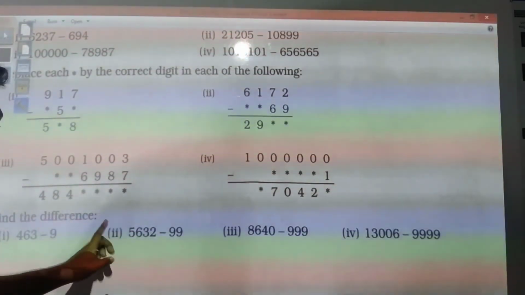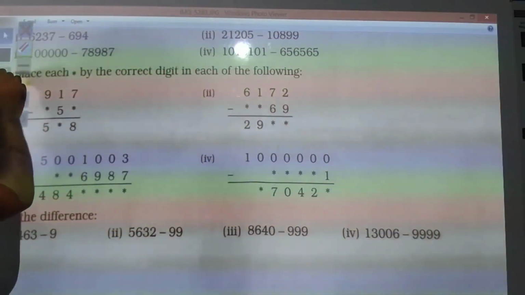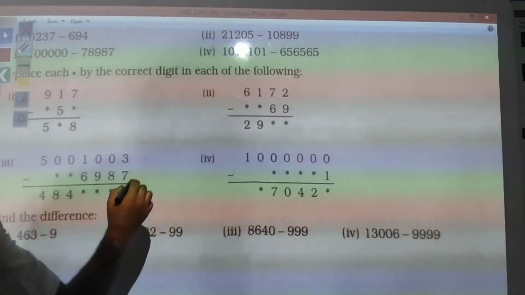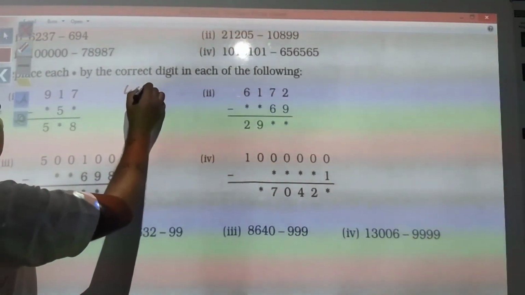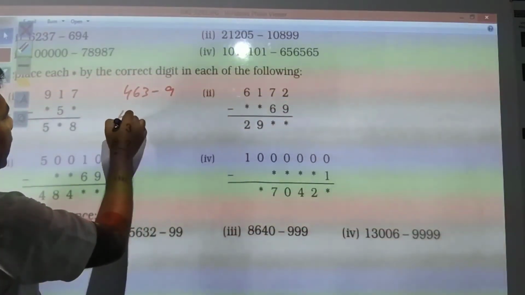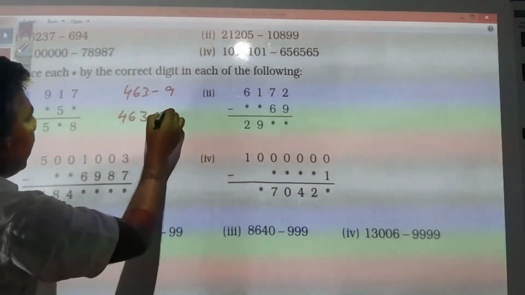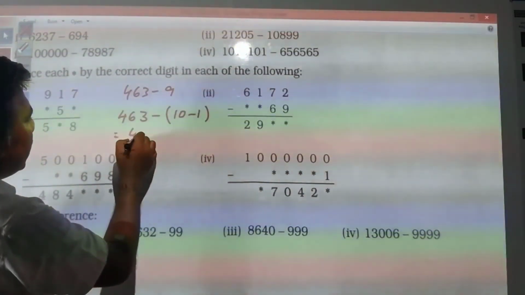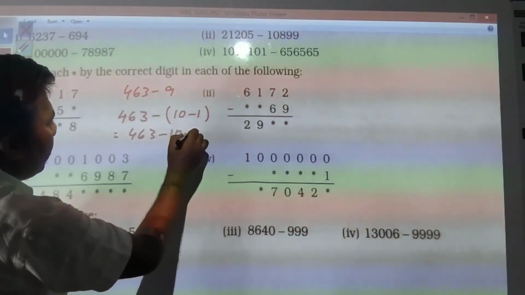Find the difference in this question. You see what is needed to be done. Simply you can subtract also, but in this way you subtract. Here you have 463 minus 9. So it can be written as 463 minus 10 minus 1. So it will be 463 minus 10 plus 1.